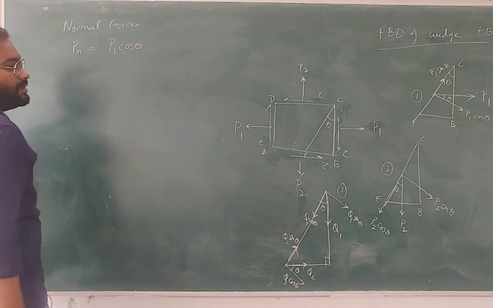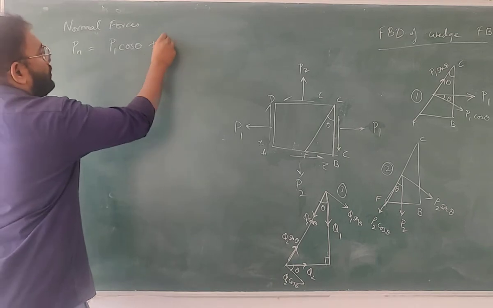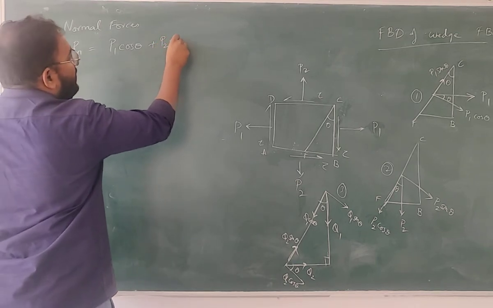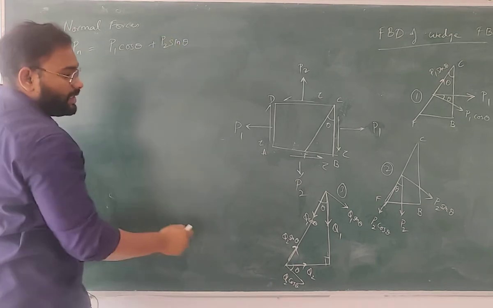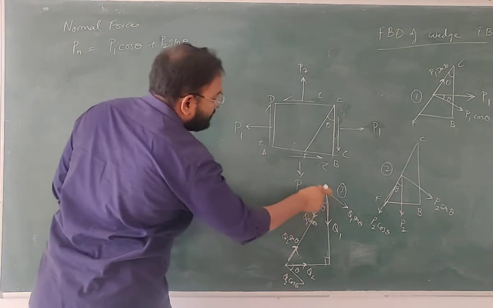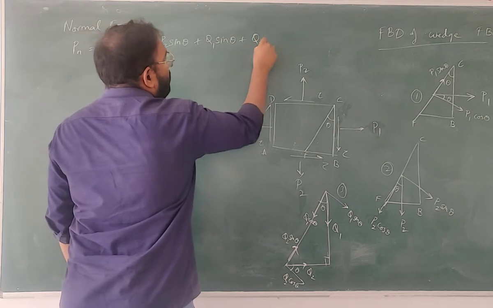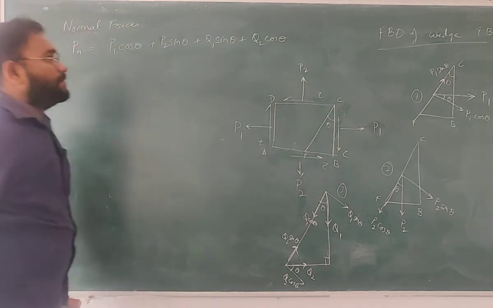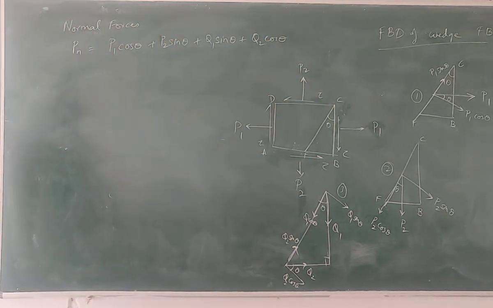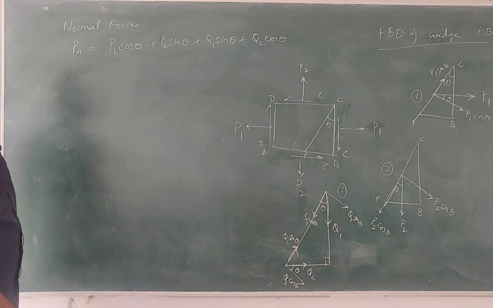P1 cos theta. Second is P2 sin theta. From the third diagram, you have two normal forces, which are Q1 sin theta and Q2 cos theta.